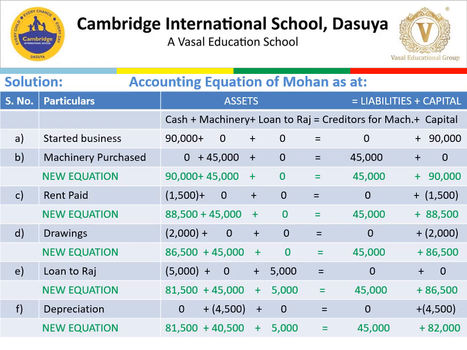No effect over any other liability or asset or the capital. The final equation would be the cash balance 81,500, machinery 45,000, loan to Raj 5,000, and on the liability side creditors for machinery 45,000 and the capital, that is 86,500.